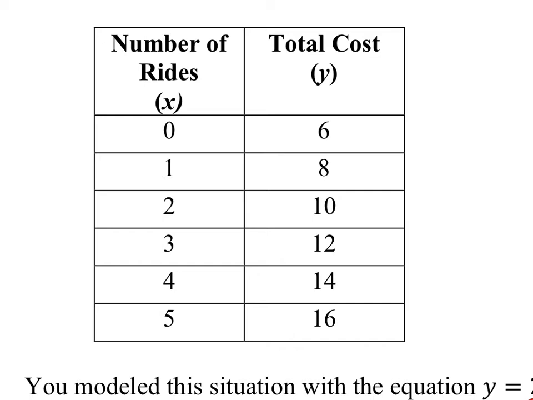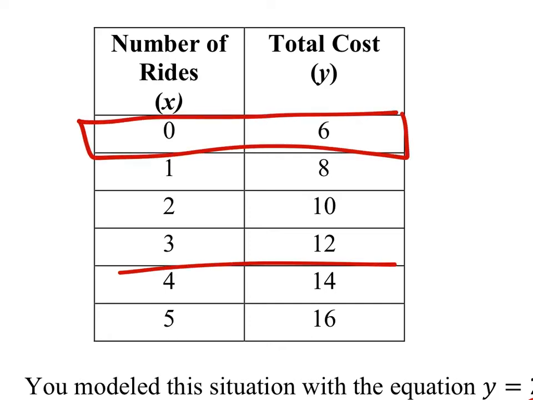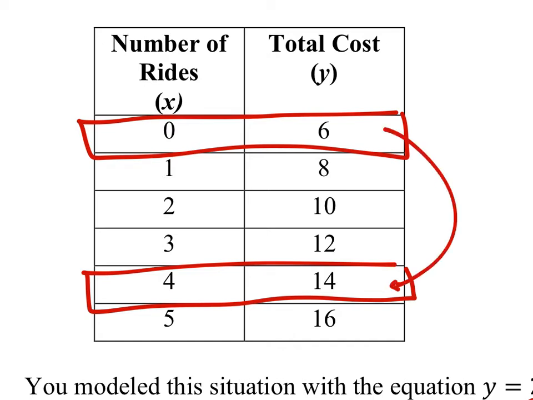Remember this: all we must do is choose two points in the table. Which two points do you guys want to use? (0, 6) and (4, 14). Okay. Well, those are the ones we used in the graph, but it should show in here too, so we already know our answer. Alright, so what's the change in the y's? From 6 to 14, you would add 8. Bam.